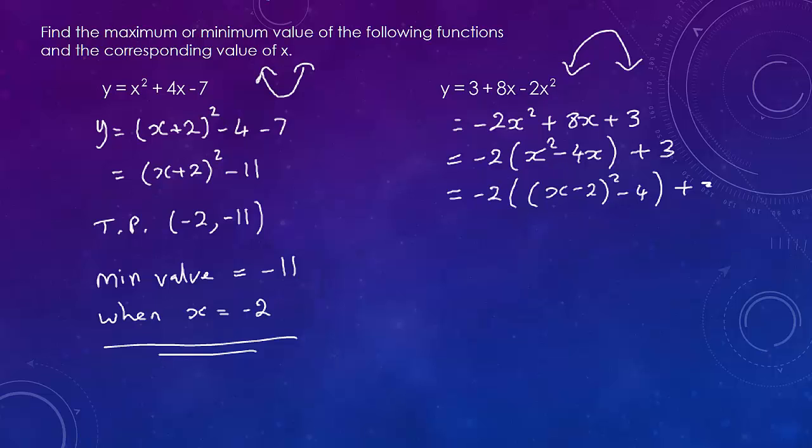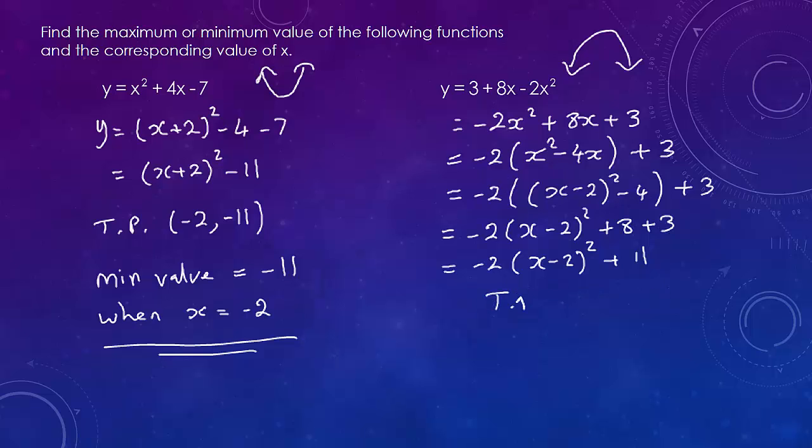And then don't forget this plus 3. And re-expanding, that's -2(x - 2) all squared plus 8 plus 3. So -2(x - 2) all squared plus 11.